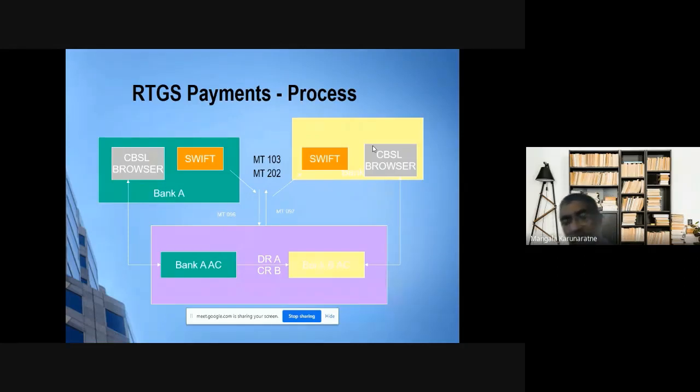Otherwise what happens is they have to look at this Swift message, which has all the details of the incoming money, right? All the details of the incoming money means they will know who has remitted money, and from which bank they have got money, and also the beneficiary details.